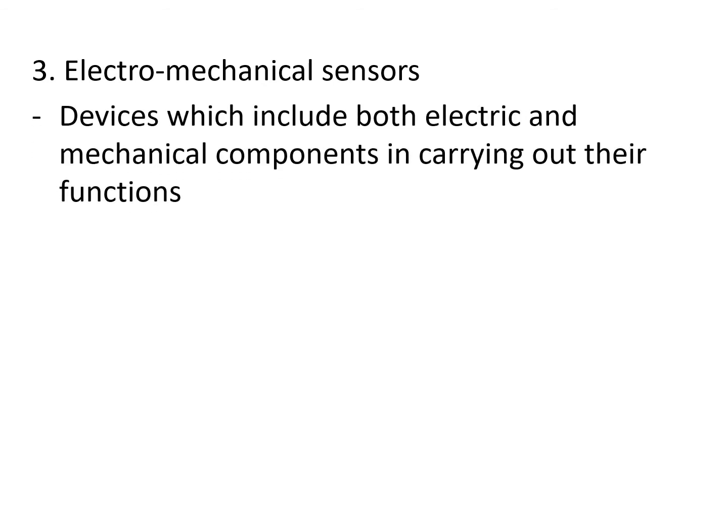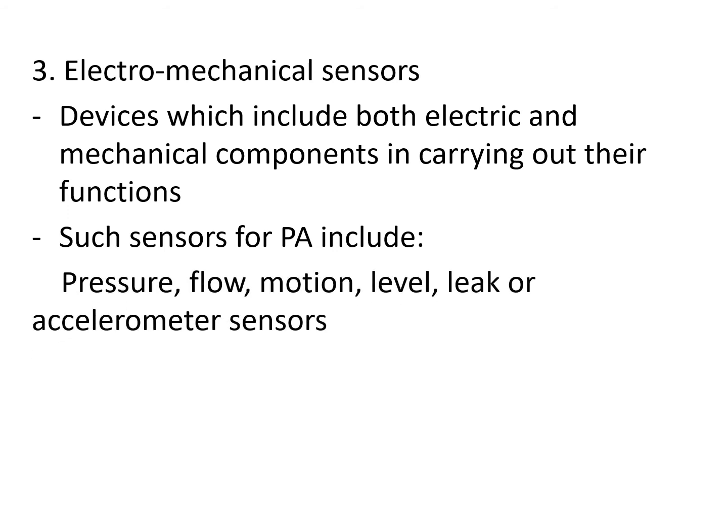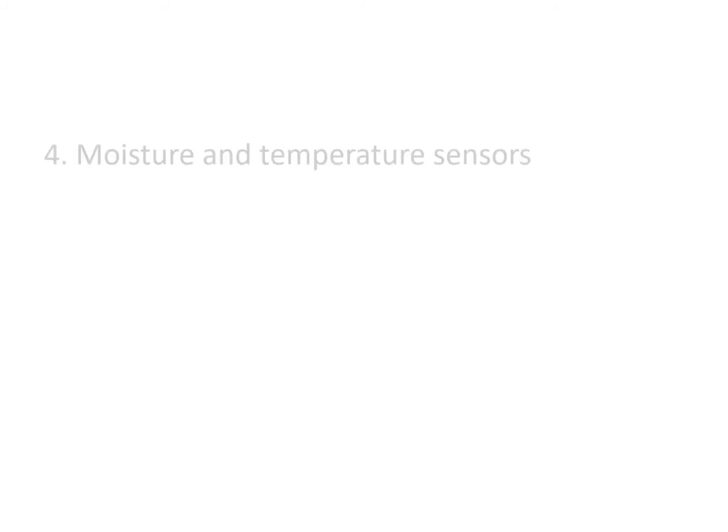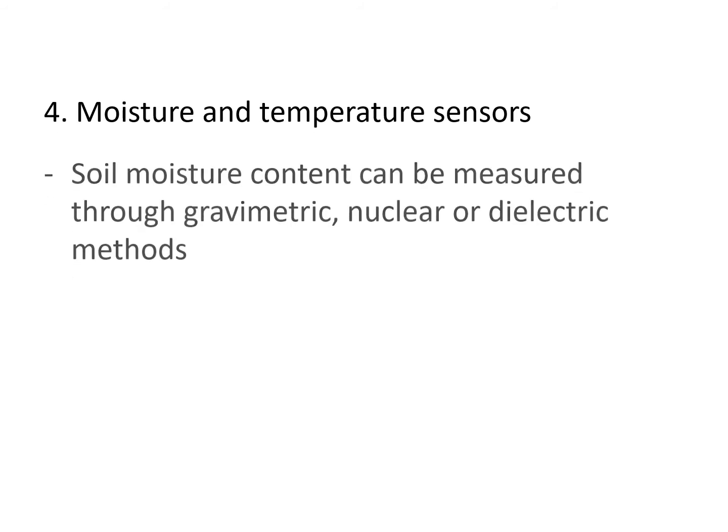These are devices which use both electric and mechanical components in carrying out their functions. Such sensors for precision ag include pressure sensors, or those for flow, motion, levels, leaks, or accelerometer sensors. The fourth one are moisture and temperature sensors.